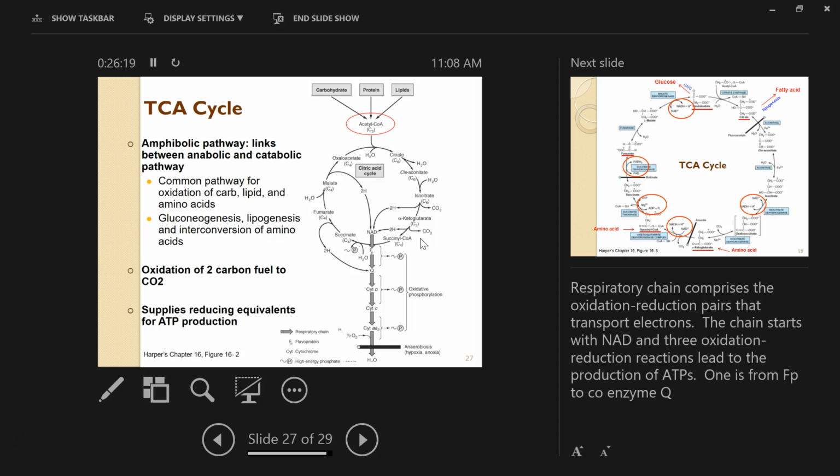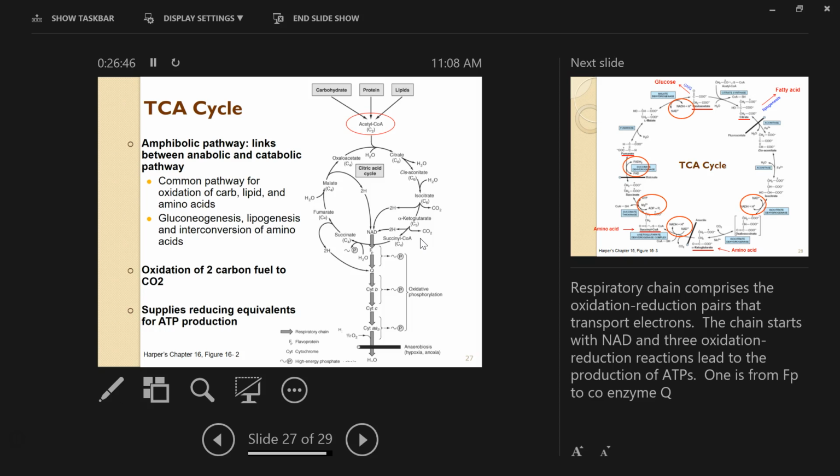ATP can be produced immediately through substrate level phosphorylation, in the glycolytic pathway but also in the TCA cycle. But most importantly, this nutrient metabolism produces the NADH and FADH reducing equivalents, a lot of it particularly during the TCA cycle.